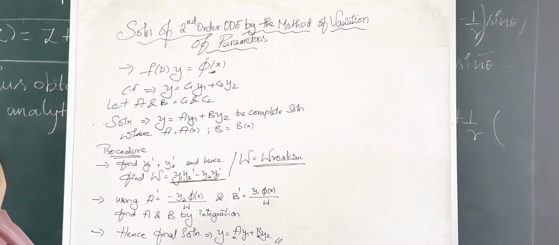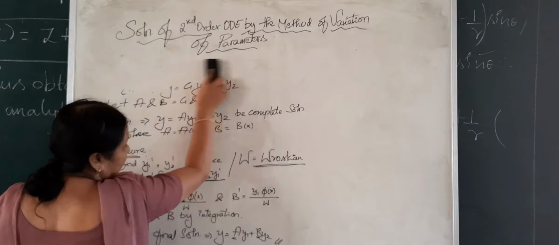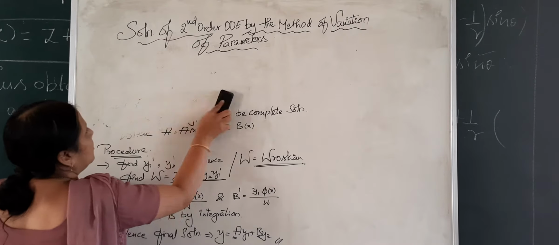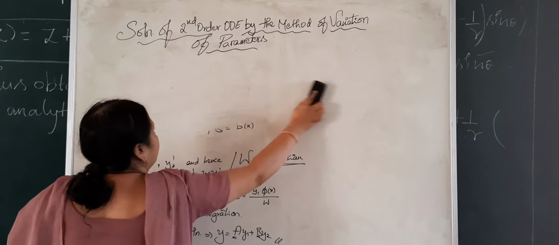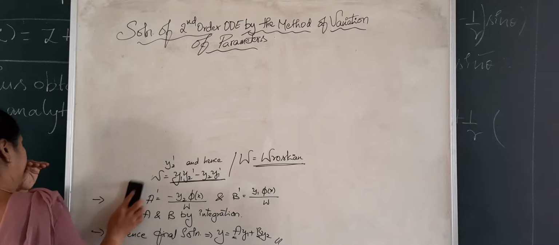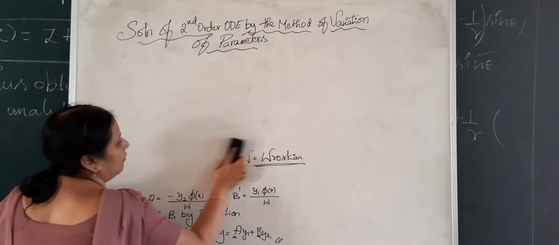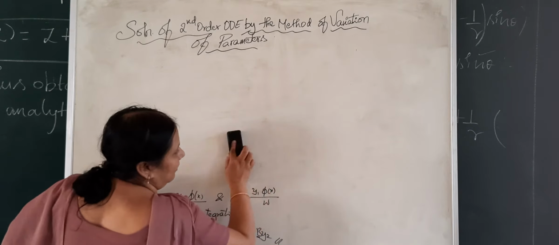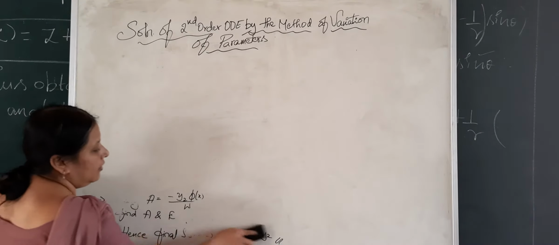Let us now go ahead and solve a problem so that it is more and more clear for you guys. Let me consider a simple problem. In the question, it will be specifically mentioned: solve the following differential equation using the method of variation of parameters.